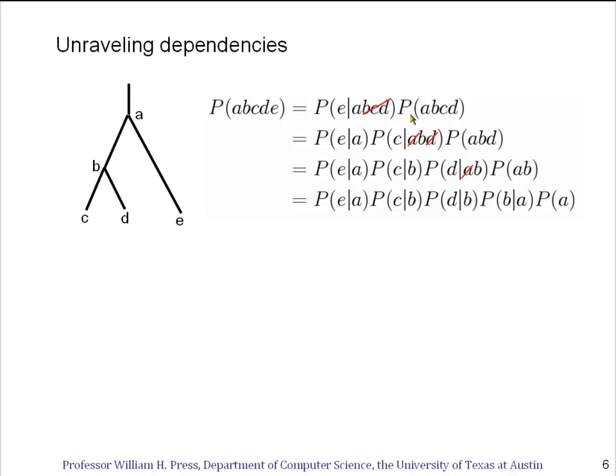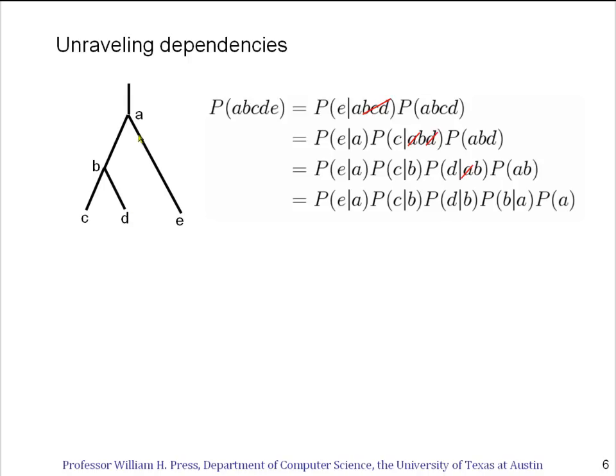Well, we continue in this same way. We can take this term over here, the probability of A, B, C, D, and we can try to make it as a probability of C conditioned on A, B, D times a probability of A, B, D. We look at C, and we see that it can depend on B all right, but it can't depend on D. That's off on another causal track.